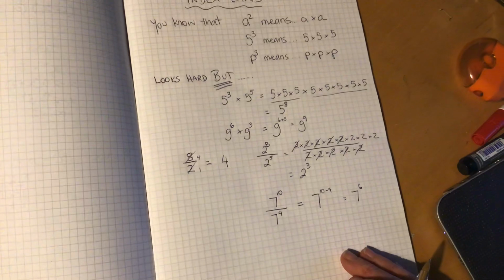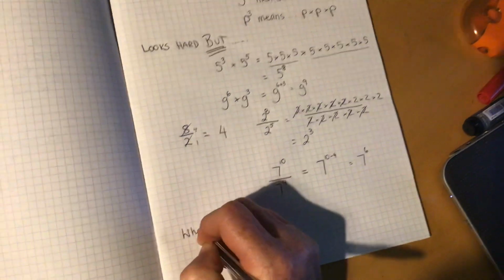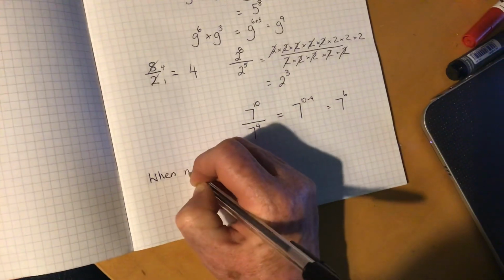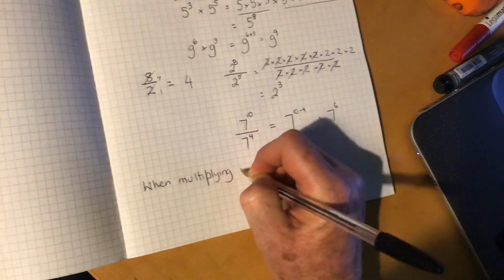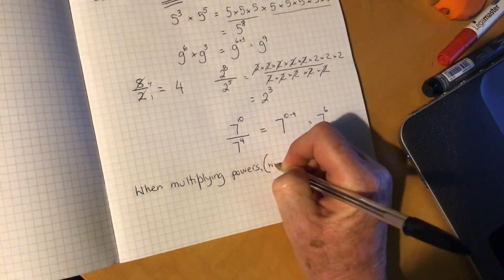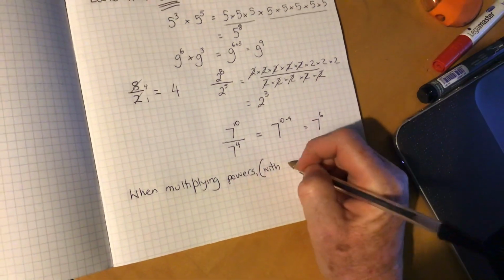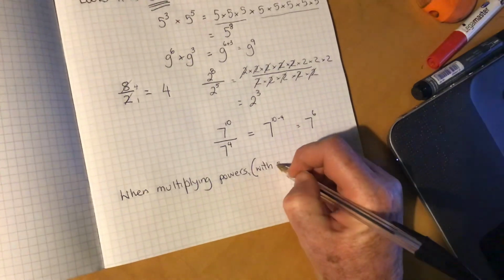So what I'd like you to write down in your books is that when multiplying powers with the same base, they have to have the same base number, this works with the same base.